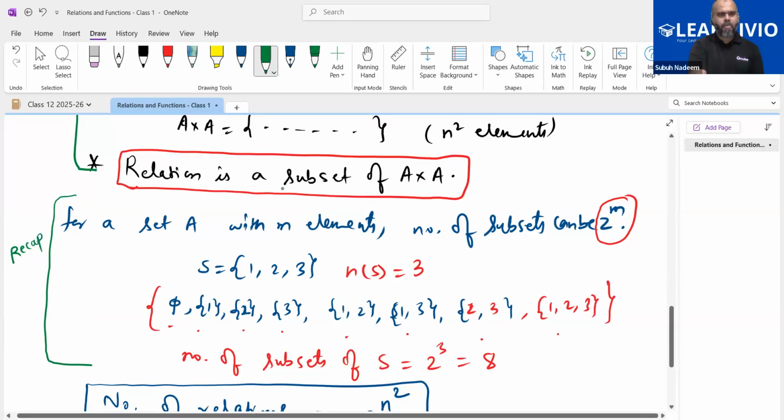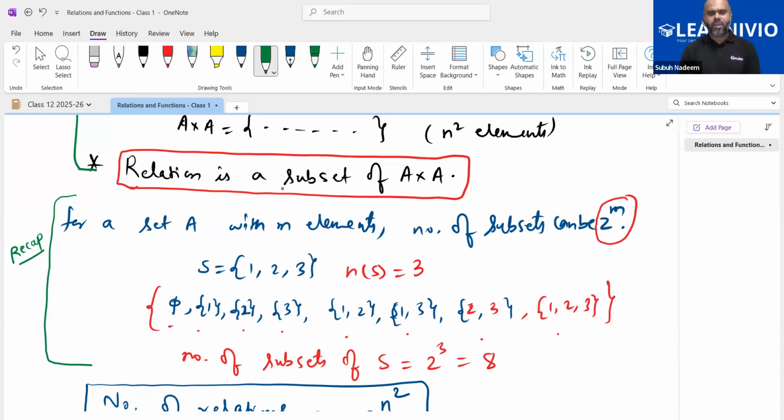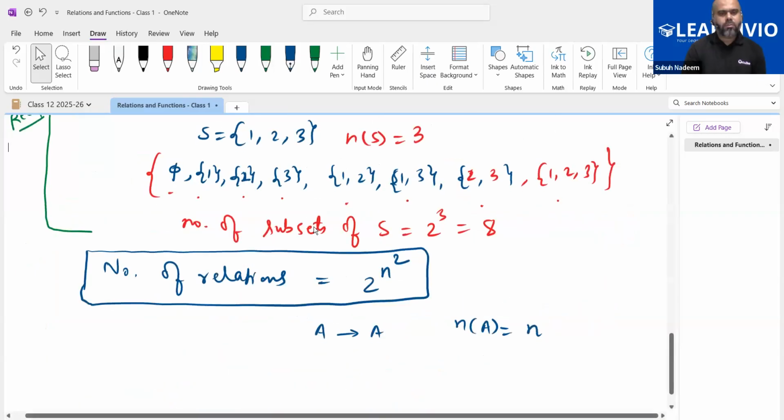This is a recap of how many subsets we have actually for a given set S. So this is a formula.